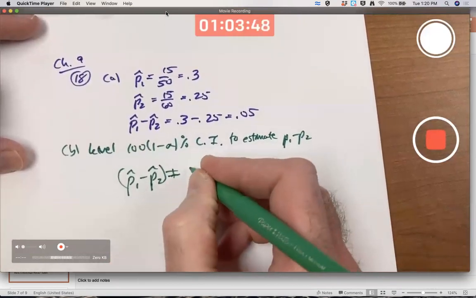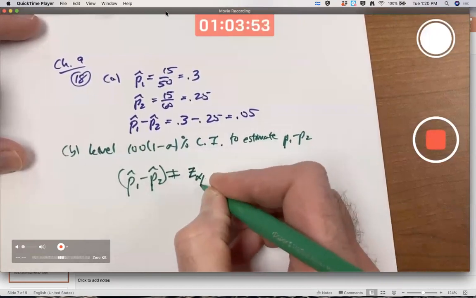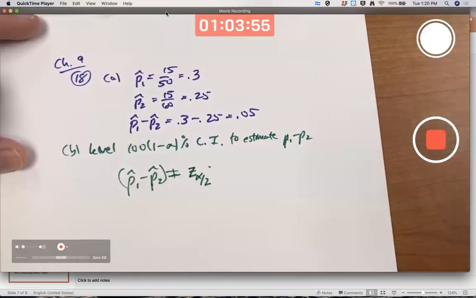And the margin of error, it shouldn't be a surprise, is a Z critical value, Z sub alpha over 2, times something else. And probably that something else involves a square root like it always does.